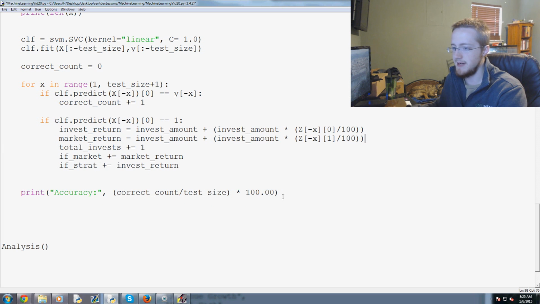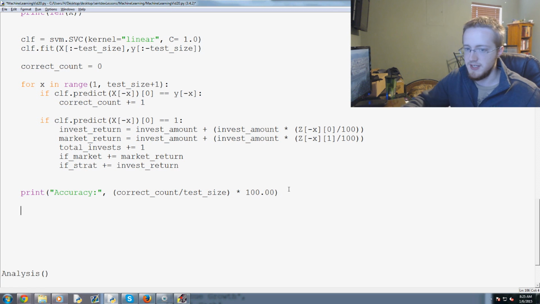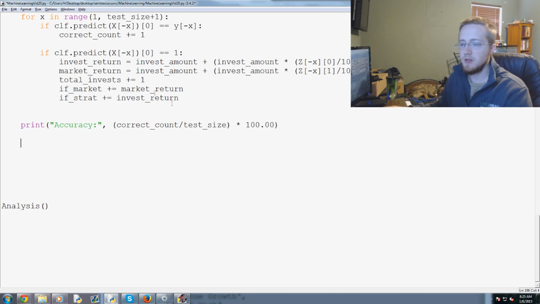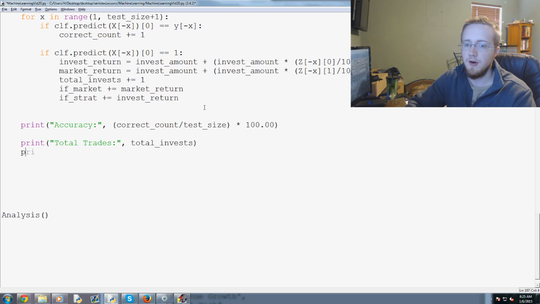That all looks fine and dandy. So we'll come down here, and we've got accuracy. That's totally fine. And now we're going to go ahead and print some of the statistics. So let me get some coffee. Okay, so some of our statistics, we're going to have total trades. So we'll say total trades, and the total amount of trades will be total_invests. Then we're going to go ahead and say what the ending values are.